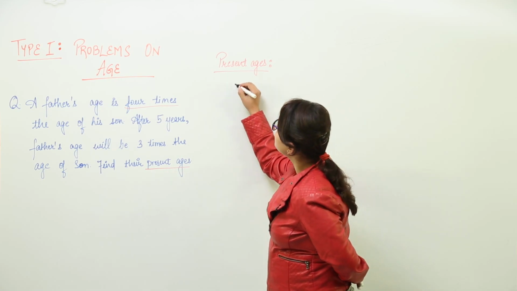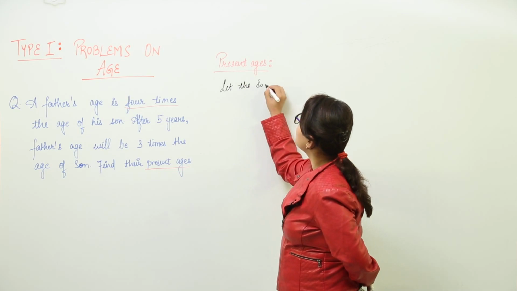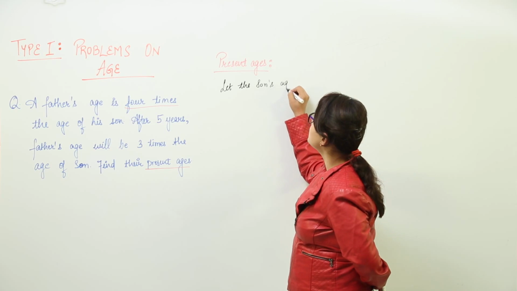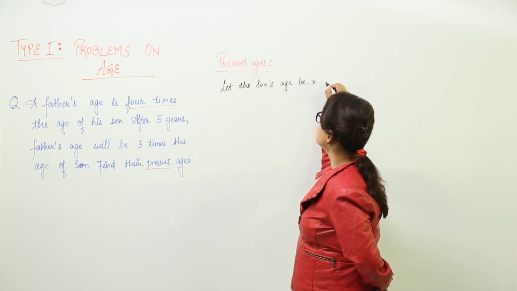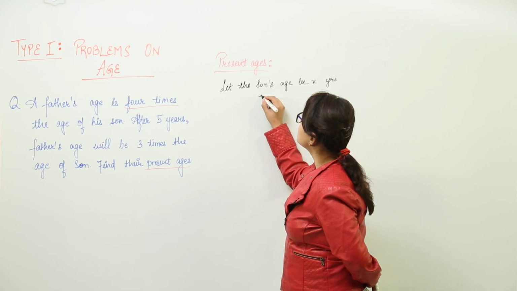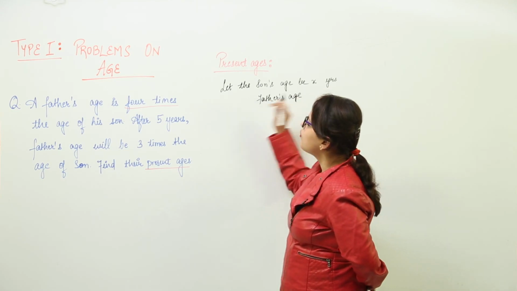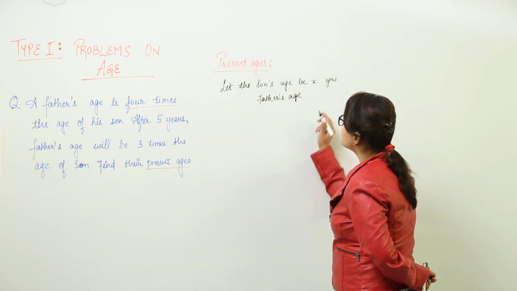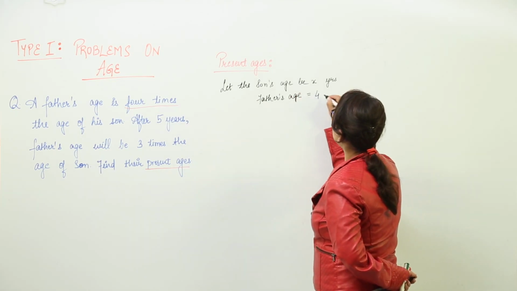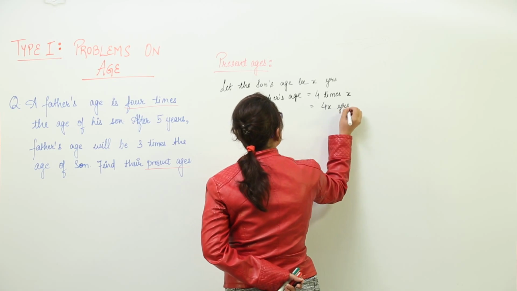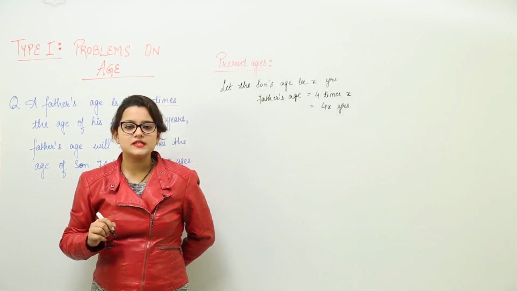So, we will write over here, let the son's present age be x years. So, what would be his father's age? His father's age would be 4 times his age, so the father's age would be 4 times x. That makes it 4x years.